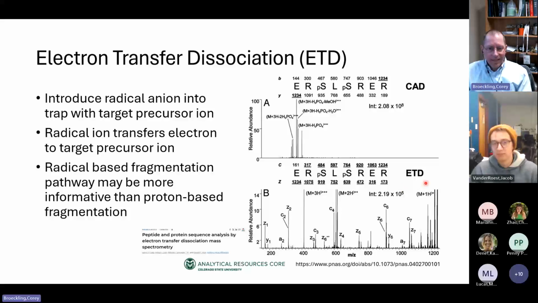When you use an ETD, electron transfer dissociation type method, you get much more structurally relevant fragmentation spectra, where you can see the backbone fragment ions and be able to infer the amino acid sequence and tell you that it's phosphorylated in one spectrum. And so there are certain types of molecules in particular that ETD tends to be used much more for.